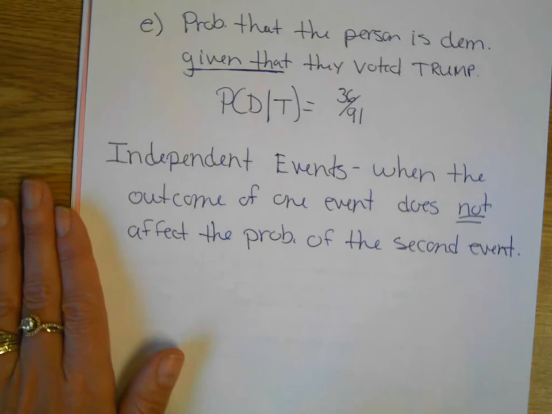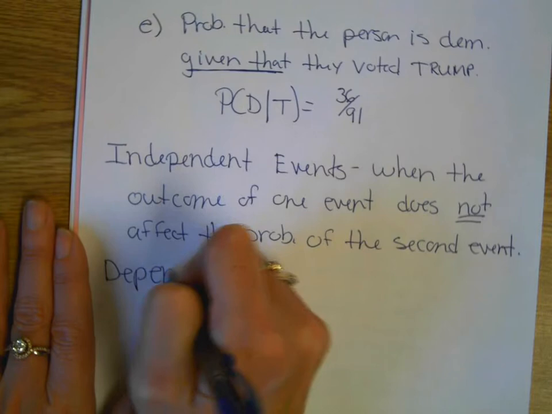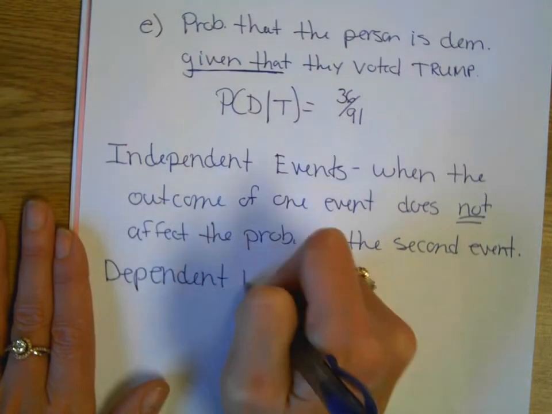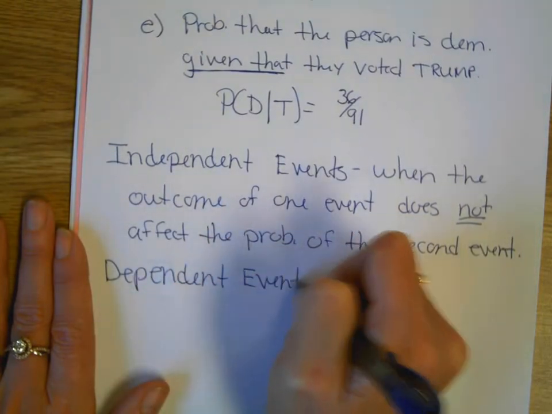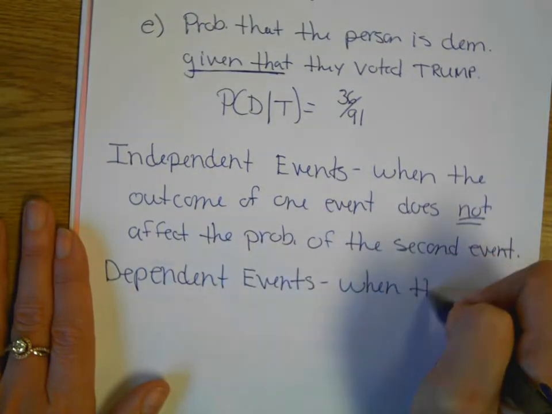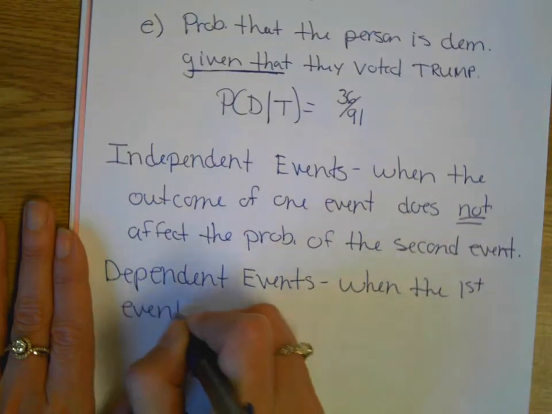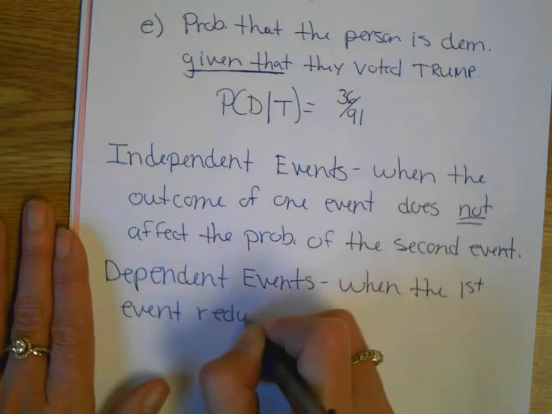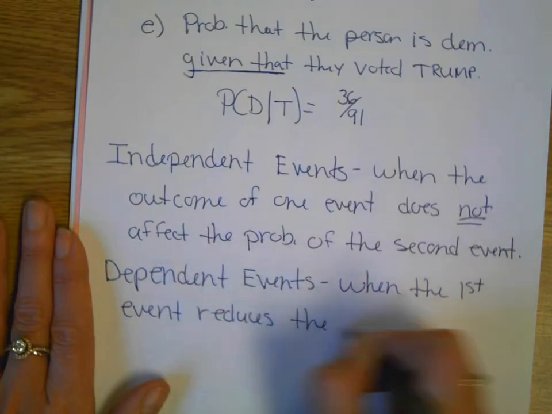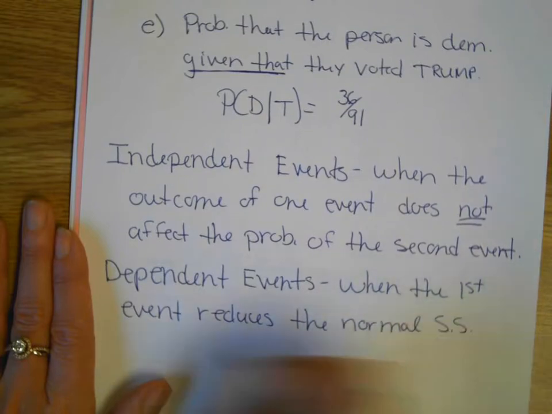But if the first event does change the second one's normal sample space, they're called dependent. So dependent events are when the first event reduces the normal sample space of the second event.